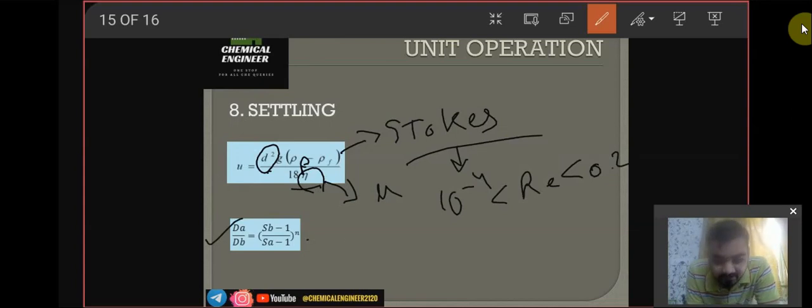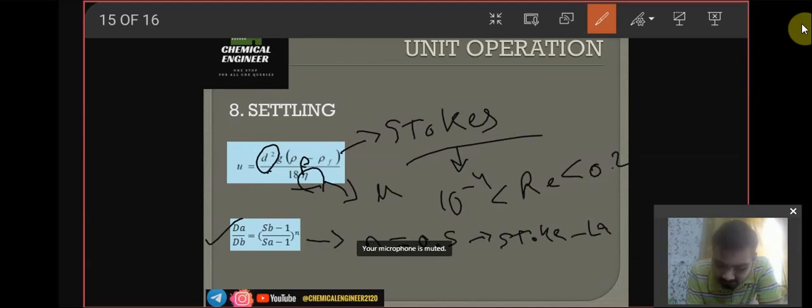So we have this equation: diameter of particle A divided by diameter of particle B equal to (specific gravity of B minus 1) divided by (specific gravity of A minus 1), whole raised to n, where n equals 0.5 for the Stokes regime or laminar flow, and n equals 1 for turbulent flow, or Newton's regime.